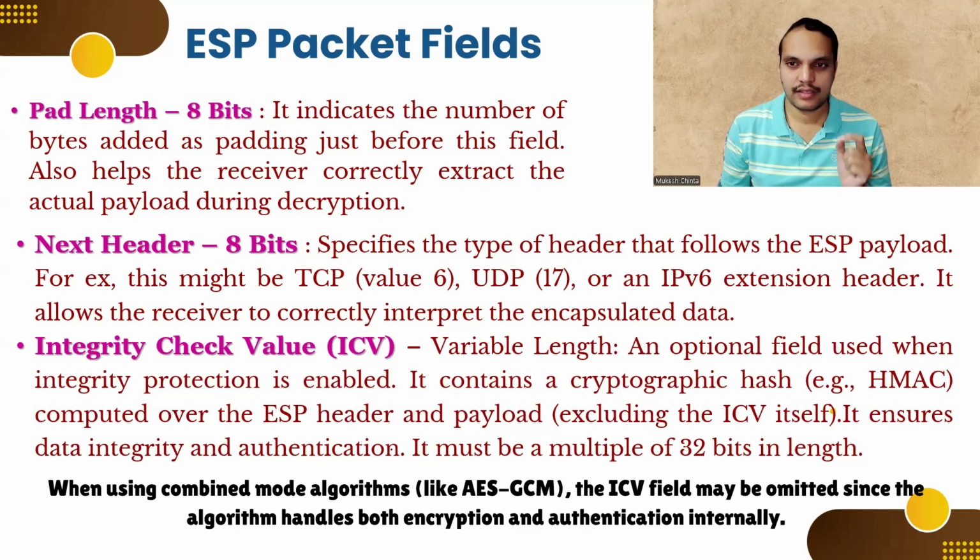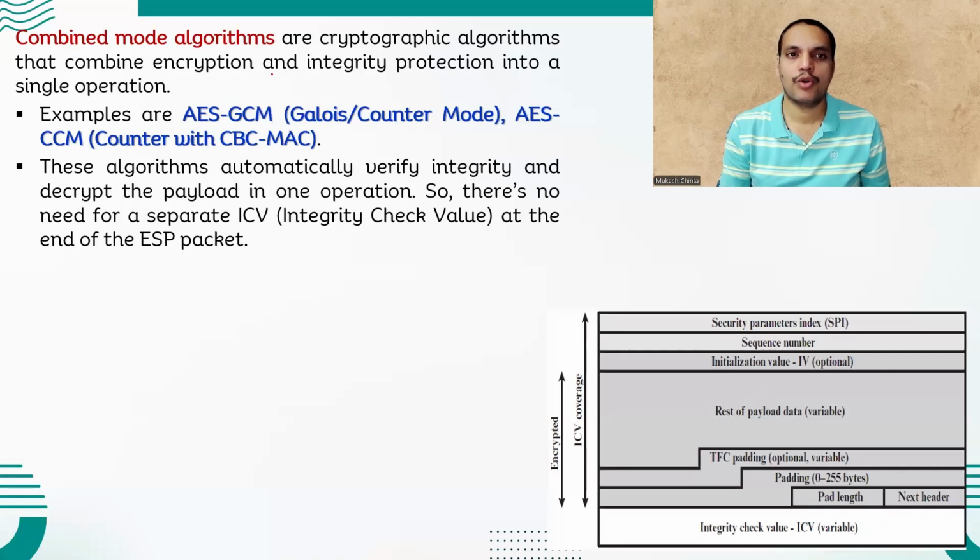Now, there is another thing here. When you are using combined mode algorithms like AES GCM, the ICV field may be omitted since the algorithm handles both encryption and authentication internally. Now, if you are wondering what these combined mode algorithms are, let me show you. Combined mode algorithms are cryptographic algorithms that combine encryption and integrity protection into a single operation.